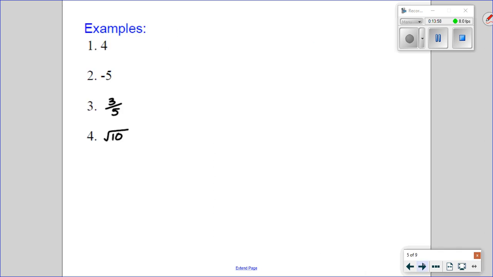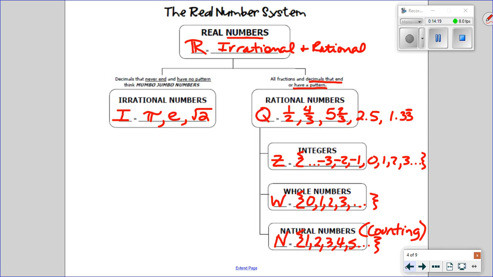All right, so just to practice with these subsets of real numbers, in these 4 examples, our goal is to list all of these sets of numbers that this number belongs to. So for instance, 4, I'm going to go back. 4 is a natural or counting number.